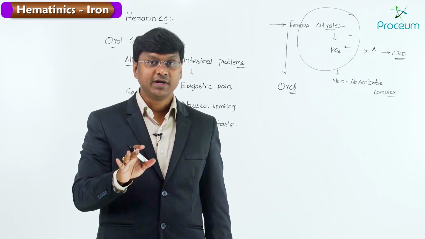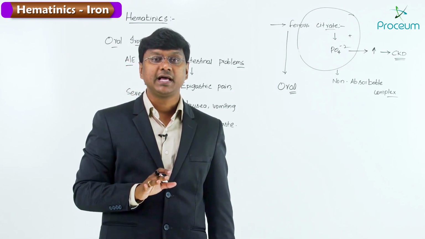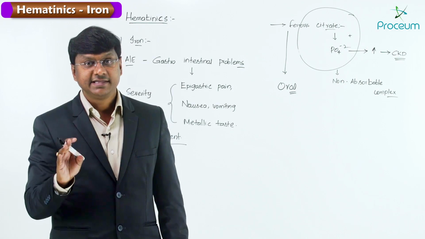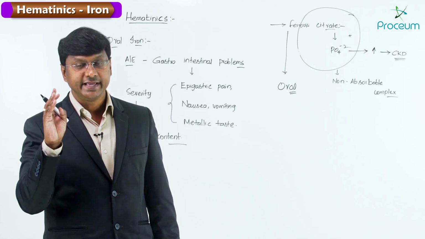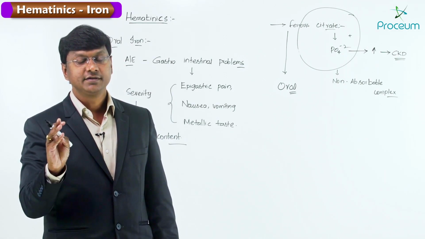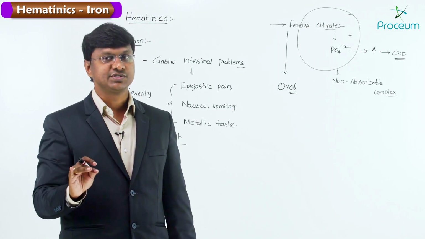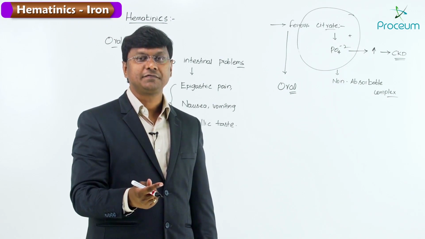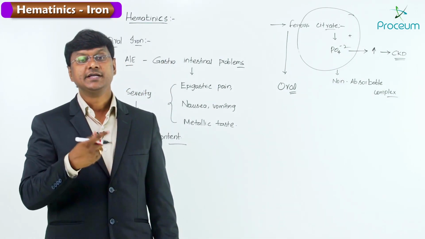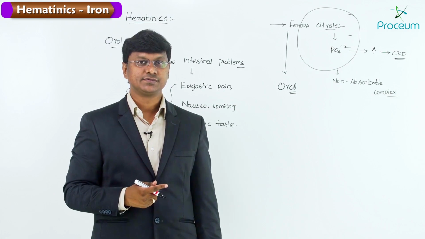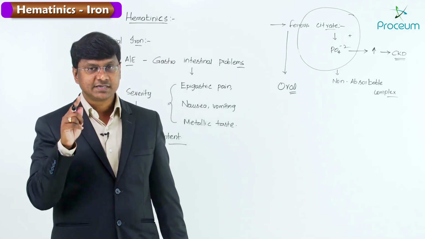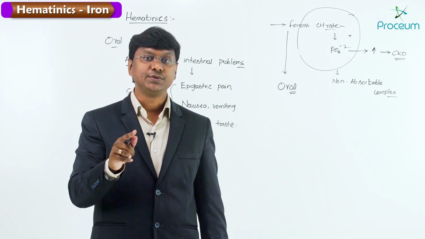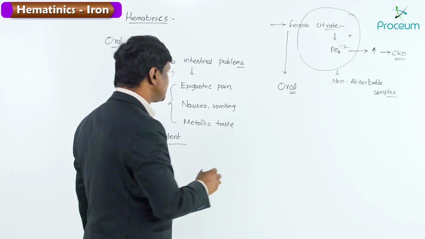So until now, what I have discussed is only the oral iron formulations. These include ferrous sulfate, ferrous gluconate and ferrous succinate, and then we have ferrous citrate, which has an added advantage of controlling hyperphosphatemia in patients with chronic kidney disease. Now, after having discussed the oral iron formulations, let me tell you about parenteral iron preparations.